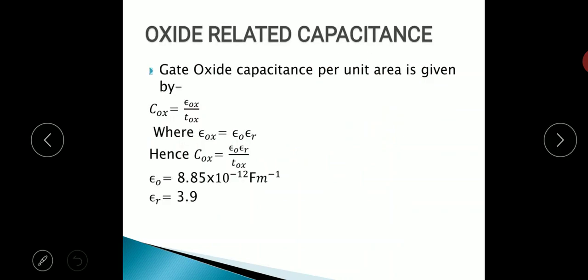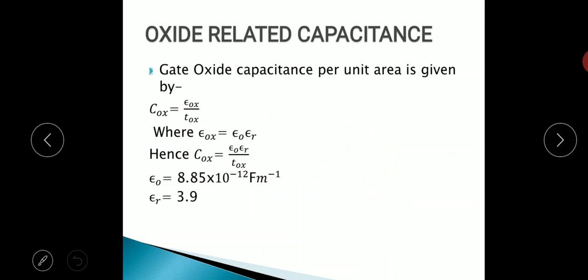Oxide related capacitance. A MOS transistor consists of a gate conductor and a semiconductor means substrate separated by a gate dielectric means oxide layer. So it acts as a parallel plate capacitor, hence the gate oxide capacitance per unit area is given by Cox.